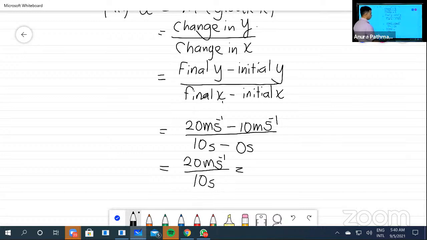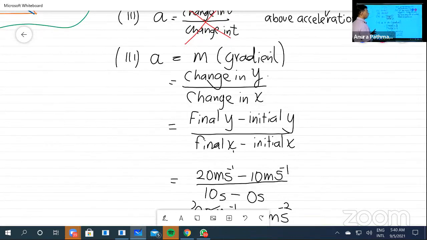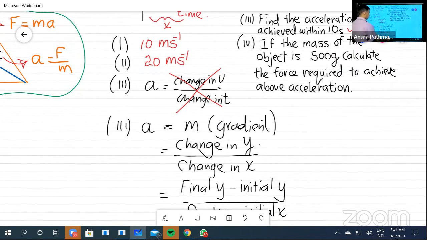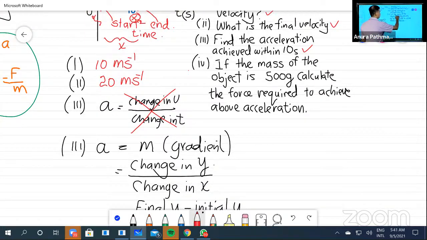The answer is 2 meters per second squared. So the acceleration is 2 meters per second squared. And my next question is, if the mass of the object is 500 grams, calculate the force required to achieve the above acceleration.